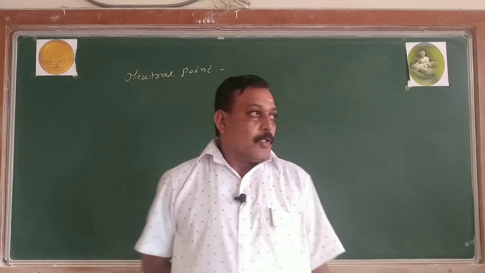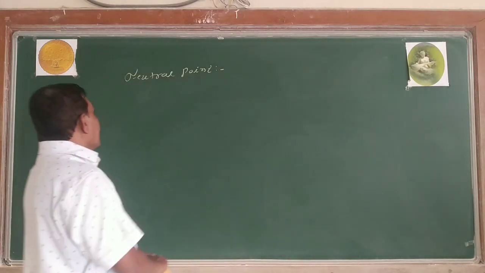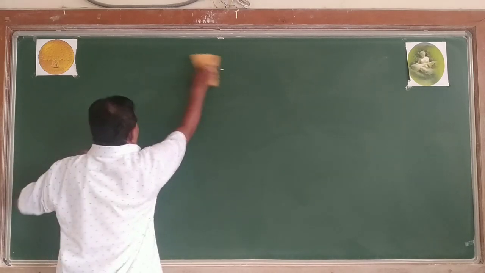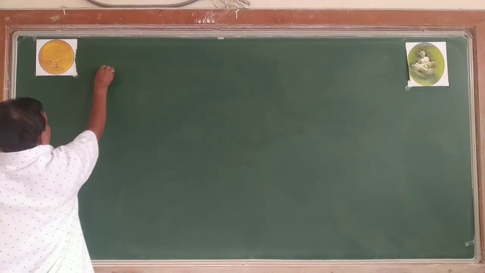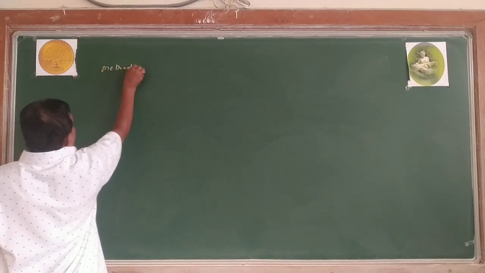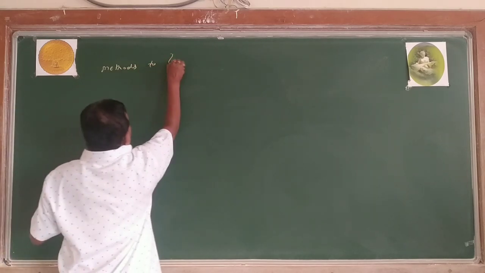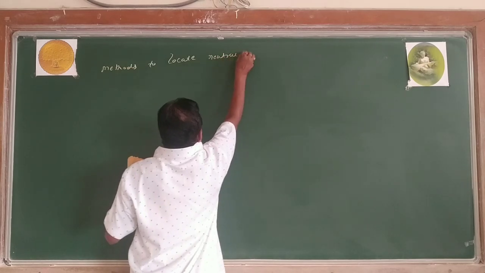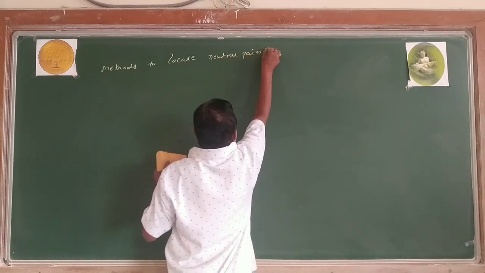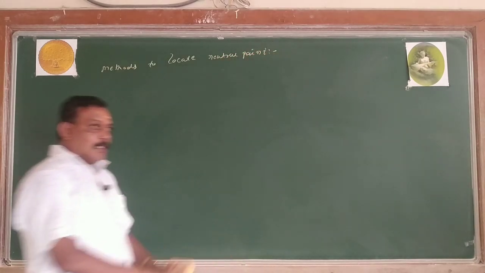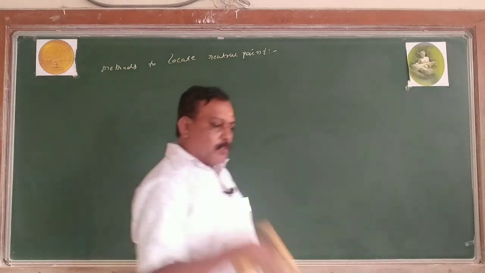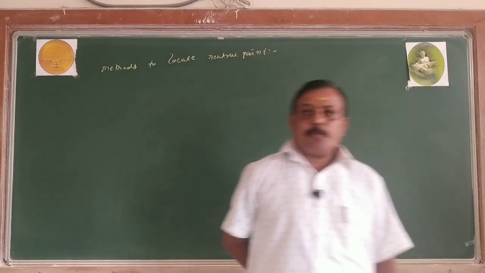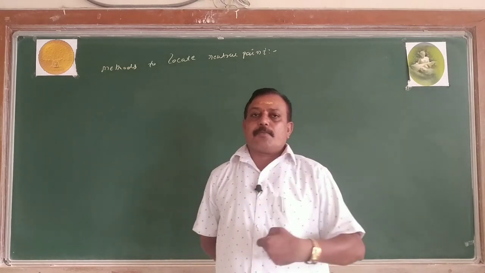So, the methods to locate the neutral point. The main aim of the neutral point is to find the pole strength. To have the pole strength, I need what? Magnetic dipole moment M. To have the magnetic dipole moment, I take the help of what? Neutral point.